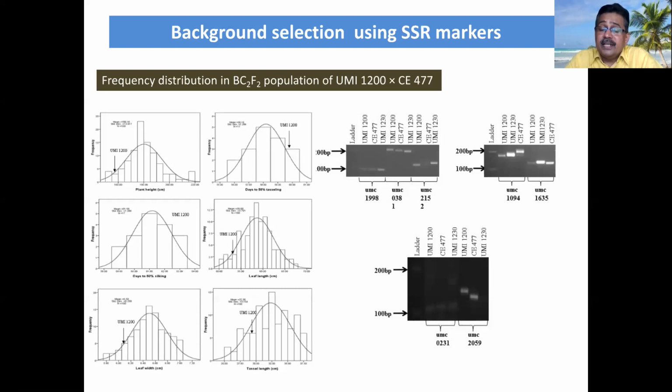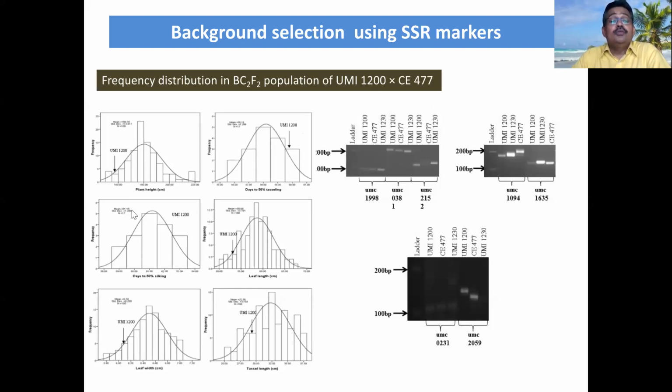You select backcross progenies which look like your recurrent parent. So when you look at the BC2 F2 population, you have all kinds of plant types, but you always select the right plant type. For example, 50% flowering, it may be 53 days duration, so you select plants of this type, not the other types. In the same way for plant height, you look for plant height which looks like Eomyte 1200.